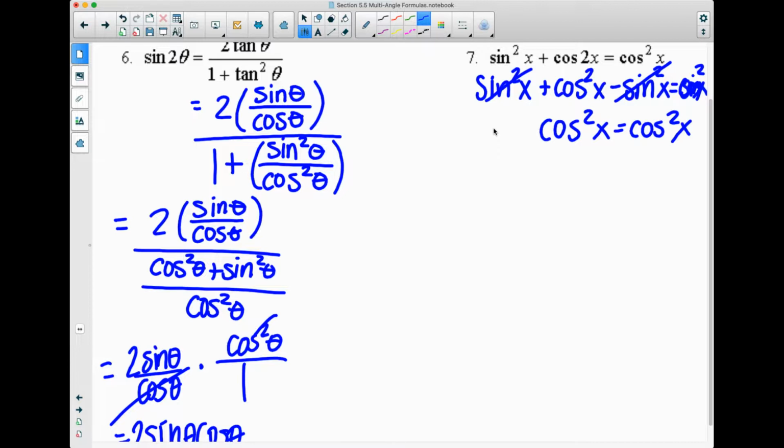You cannot do an opposite operation to move it over. How does the cosine 2x become cosine squared? So this right here becomes all of this because of that right there. So instead of writing cosine 2x, I write that whole thing in there.